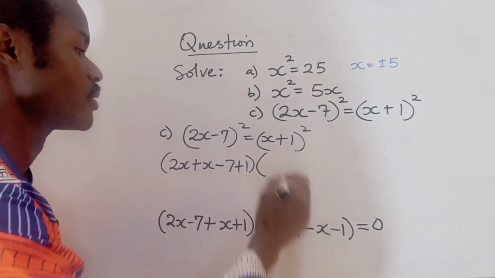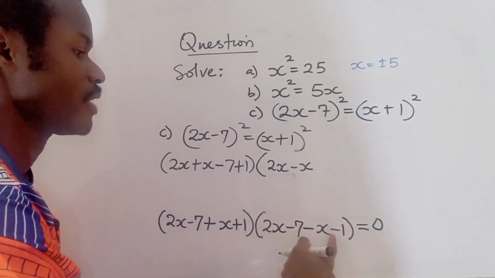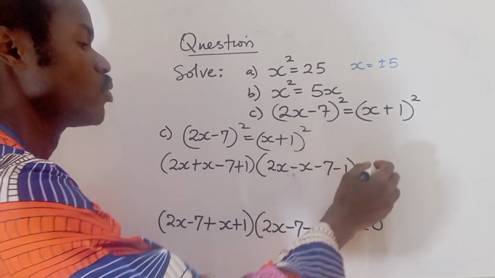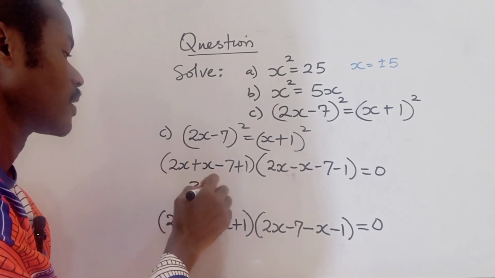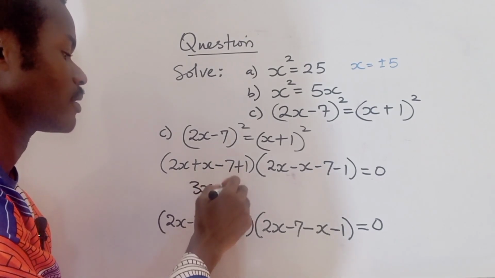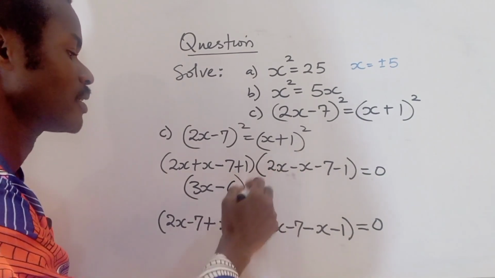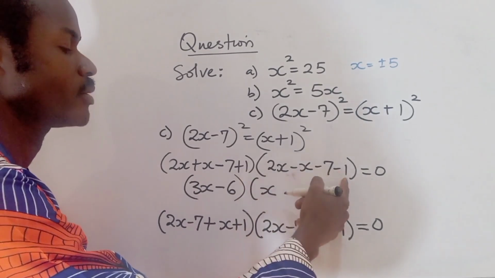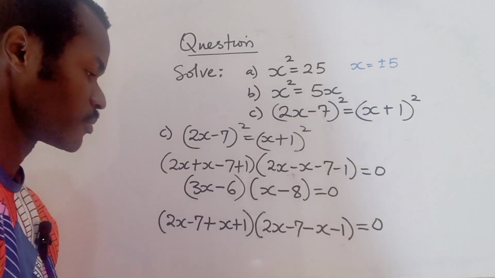We have 2x minus x, and we have minus 7 minus 1. All this is equal to 0. So 2x plus x is our 3x. So here minus 7 plus 1 is what? Minus 6. For this, 2x minus x is going to give us what? x. And minus 7 minus 1 is going to give us minus 8, which is equal to 0.